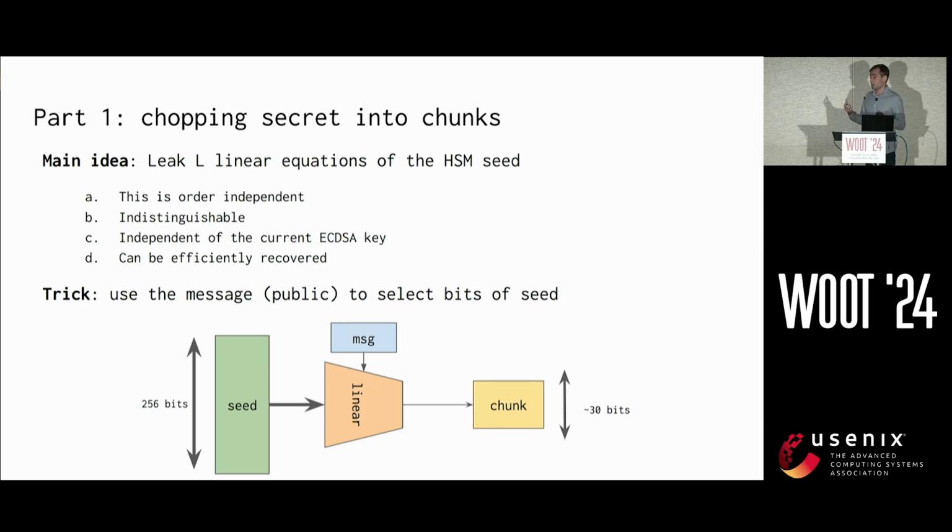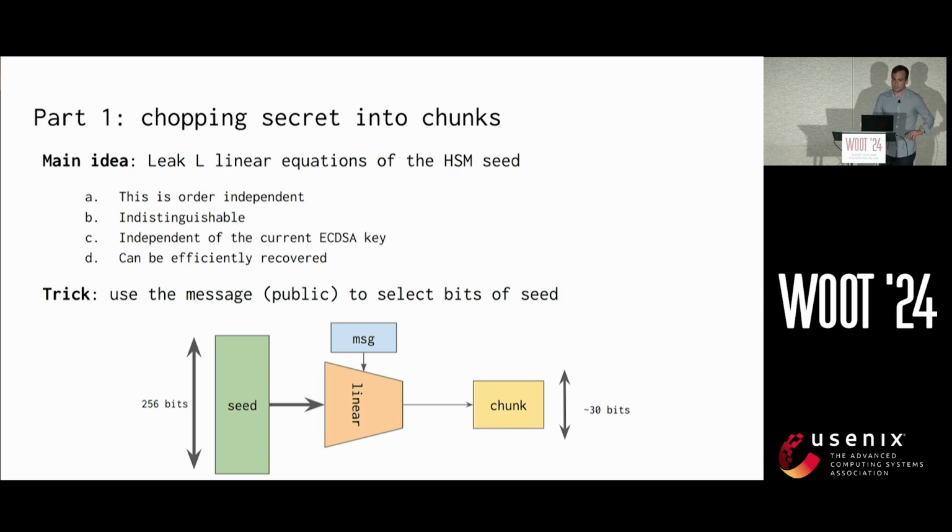At the end, you end up with a small chunk, let's say 20 bits, that you leak via Simon's subliminal ECDSA scheme. You repeat this over several messages, picking several linear combinations of the seed bits, until you have enough equations to solve with your favorite Gaussian elimination, or however you solve linear equations over GF(2).